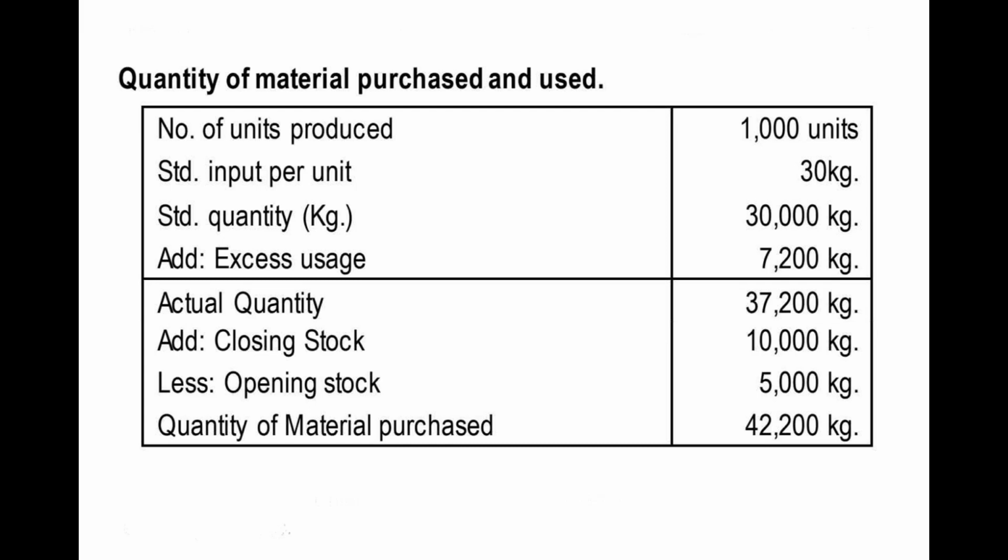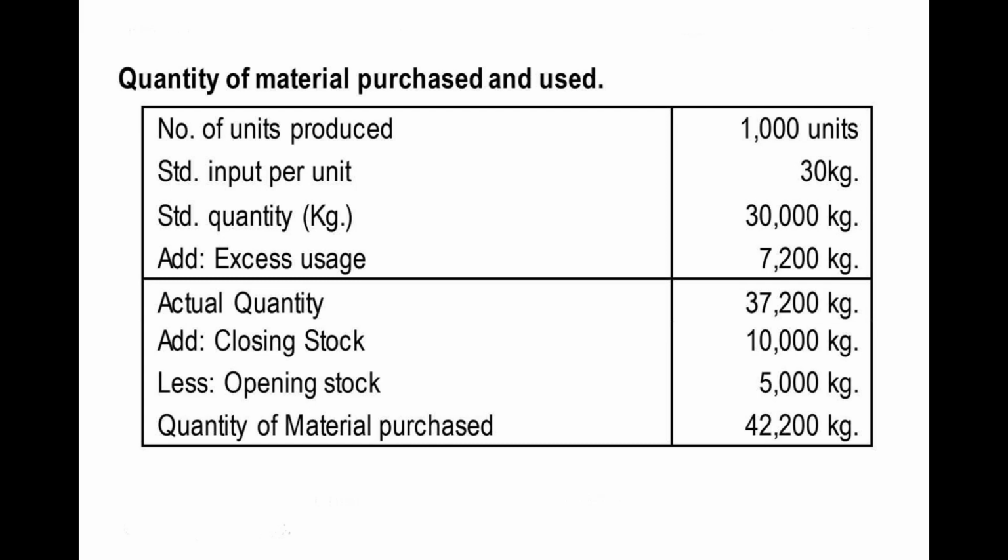In the problem it is specifically given that we have used 7,200 kgs more than the budgeted quantity. So add 7,200 kgs, 30,000 plus 7,200. That means actually we have to purchase 37,200. Why?